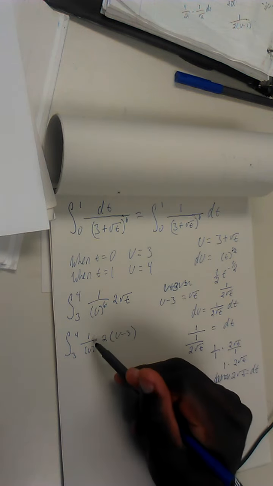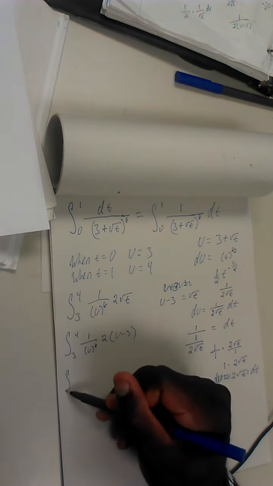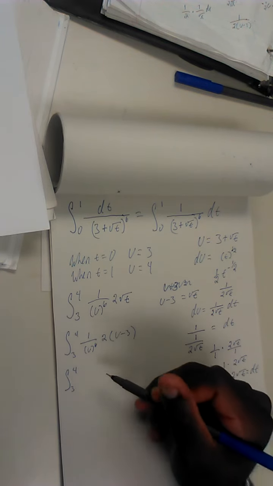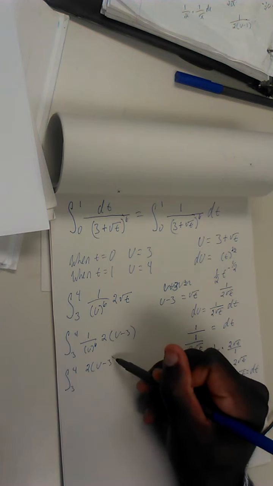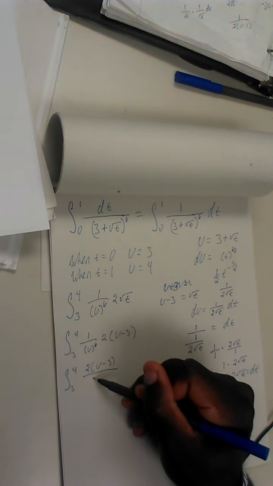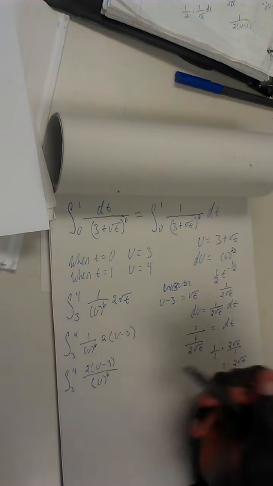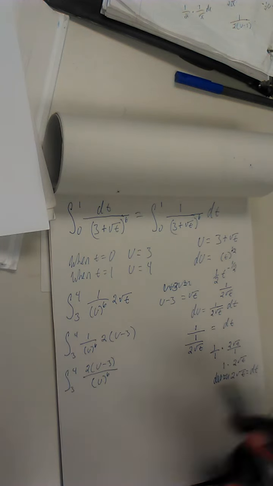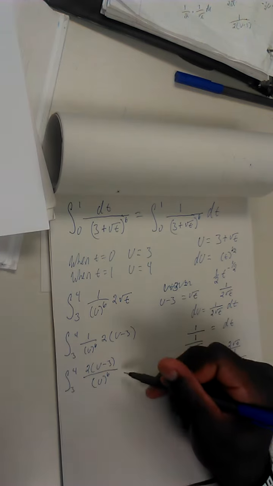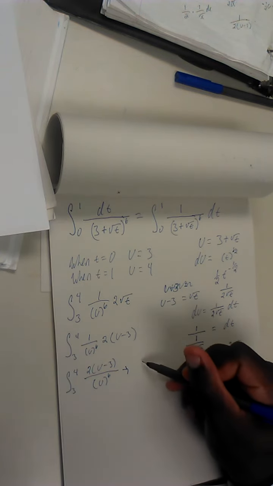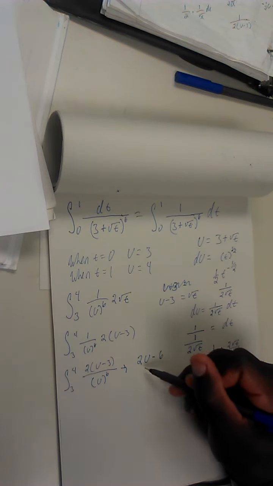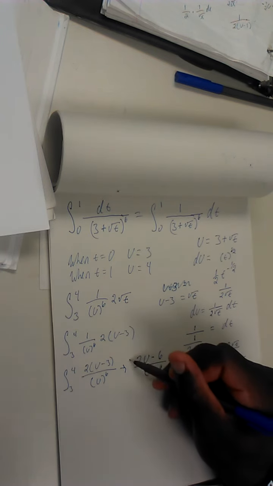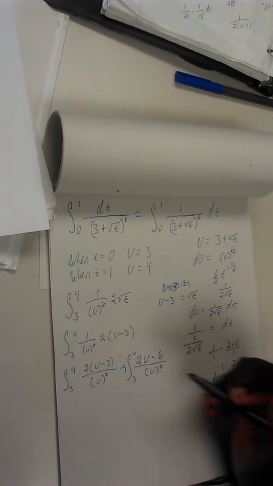Going from 3 to 4, we're looking at 2 times u minus 3 all over u to the 6th. And I want to simplify this to 2u minus 6 all over u to the 6th, integrating from 3 to 4.